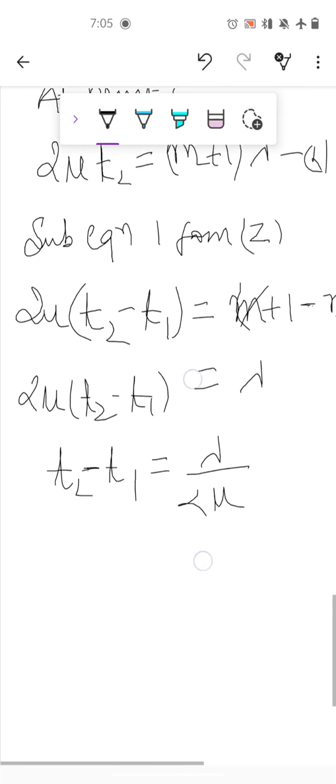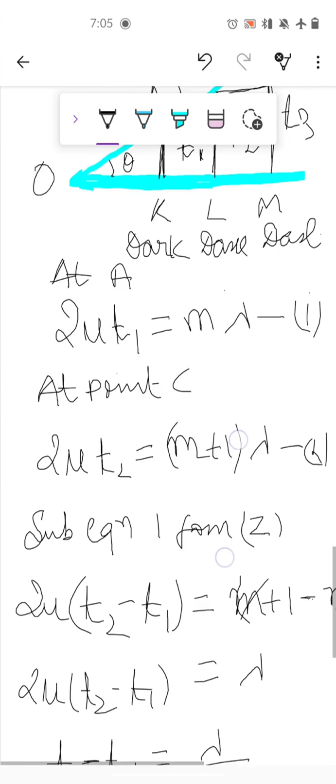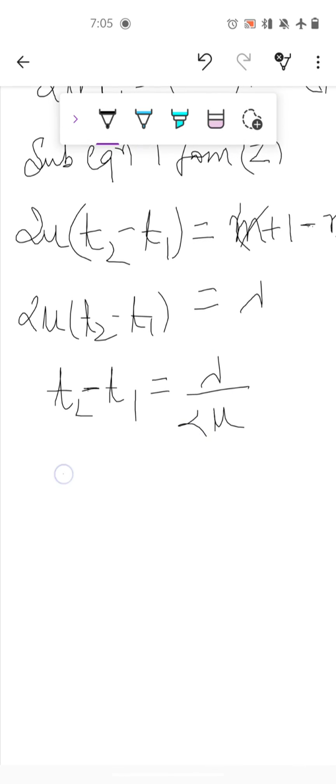From the figure, T2 minus T1 is CB, or we can say BC. So BC is equal to lambda upon 2 mu. This is equation number 3.